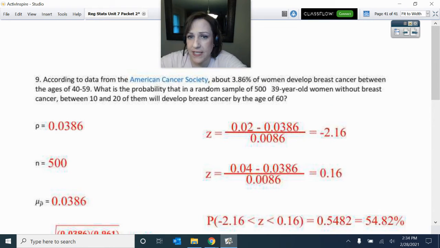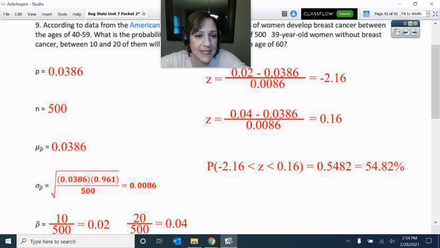Next, we have this one. On these problems, this one had some pretty intense percentages. Look at how detailed the percent is. It's 3.86, so that's 0.0386. That makes it kind of difficult when we're finding that.